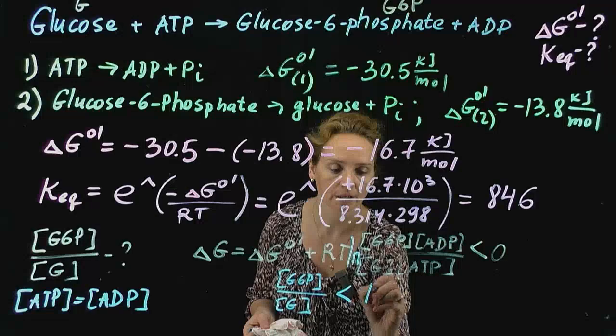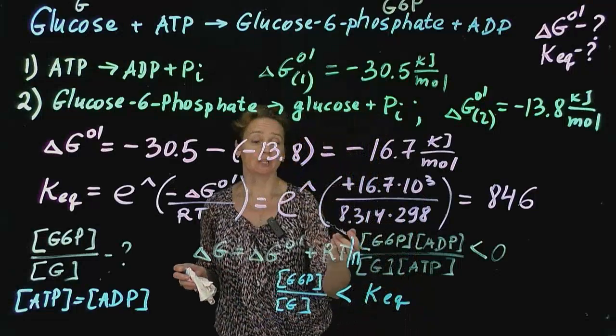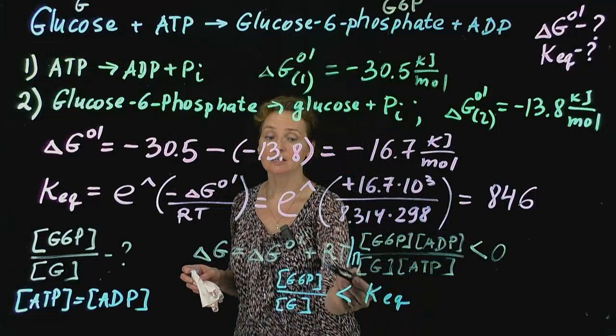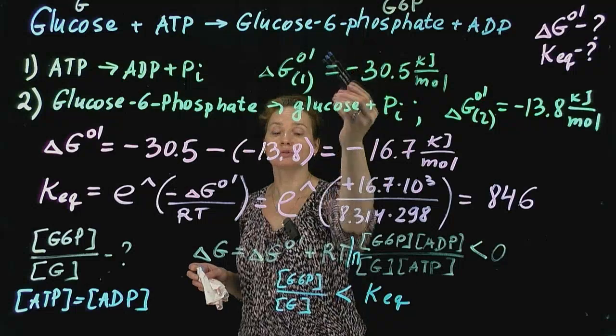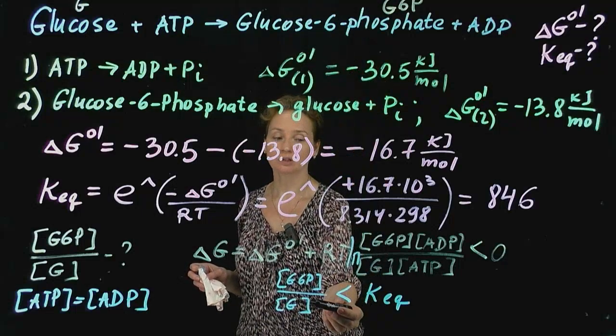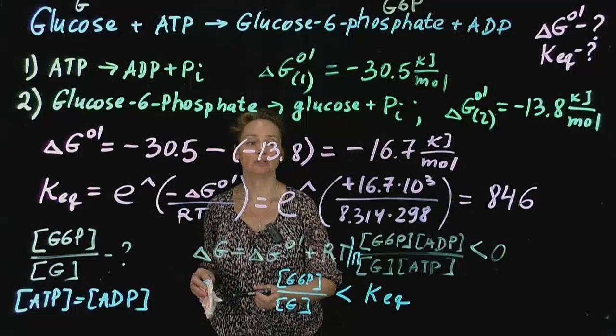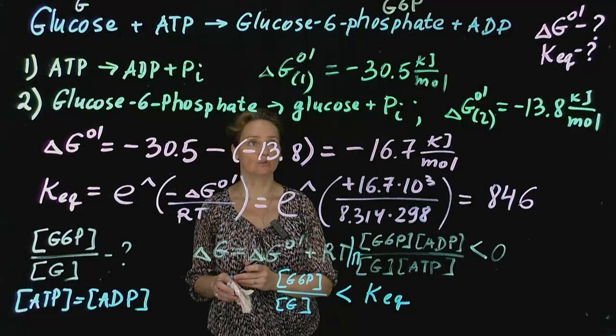Less than the equilibrium constant. So as soon as you increase the concentration of the product, such as glucose 6-phosphate, so that the ratio between the concentration of glucose 6-phosphate and glucose exceeds K equilibrium, the reaction will proceed in the opposite direction.